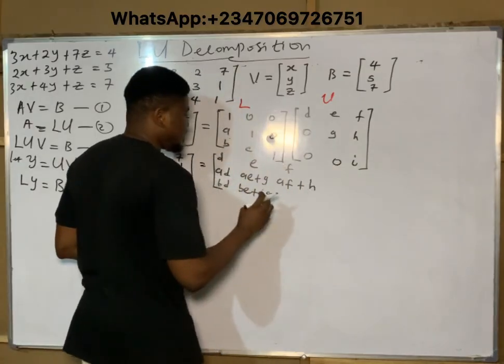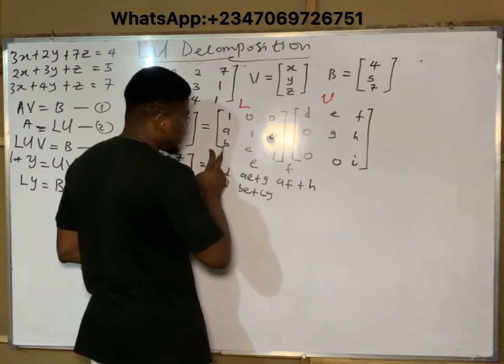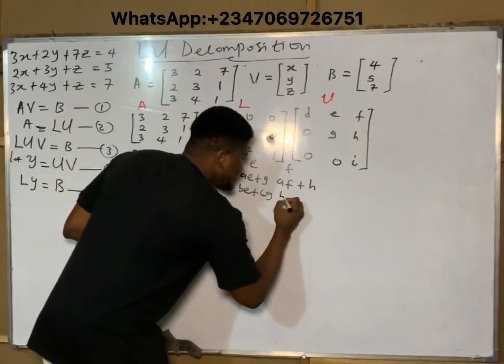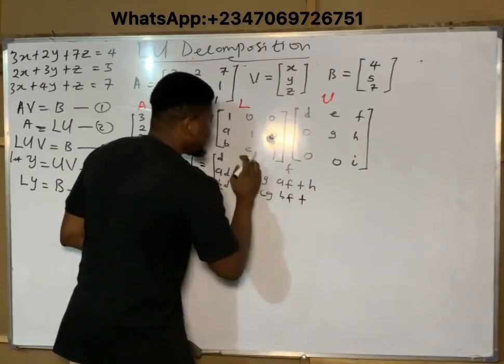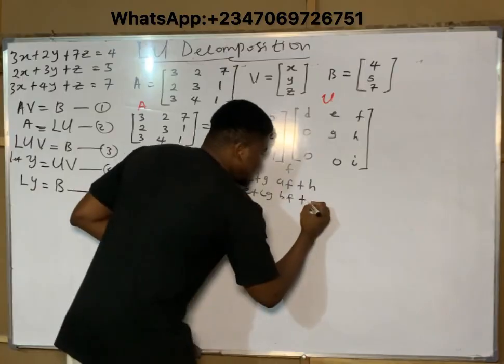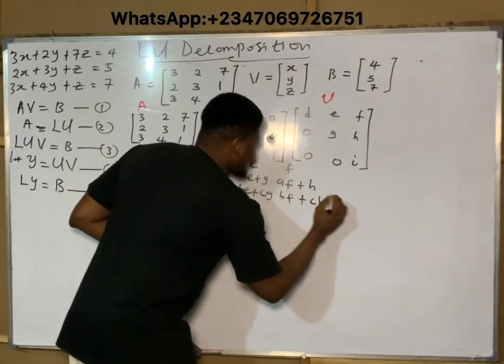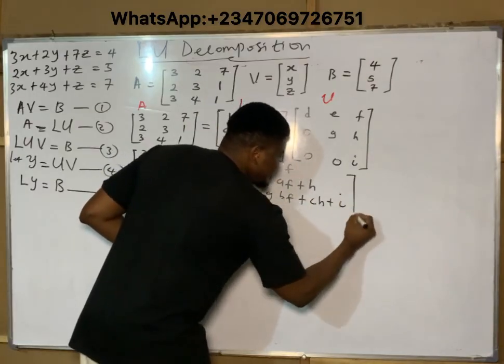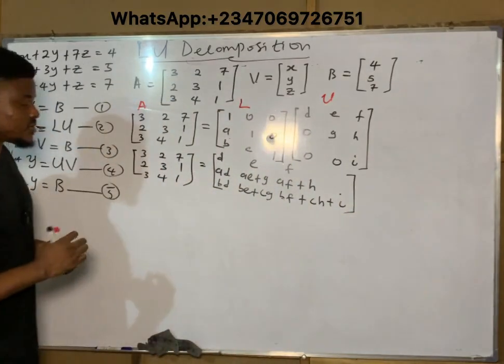So we'll kill it off there. Finally, we'll move to the third column now. B times F, that gives us BF, plus C times H, that gives us CH, plus 1 times I, that gives us I. So we have the matrix of that product.